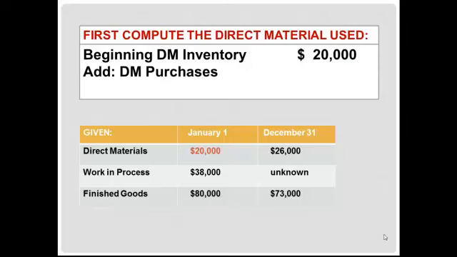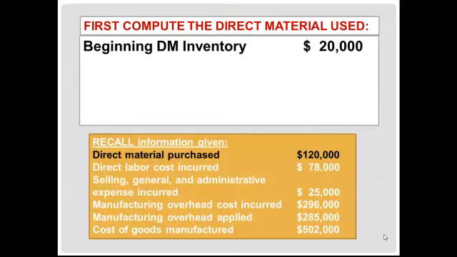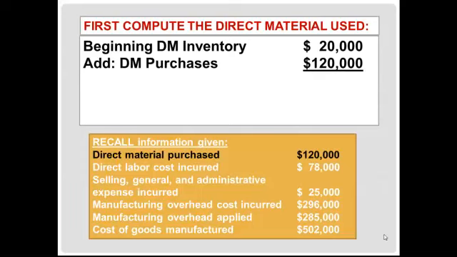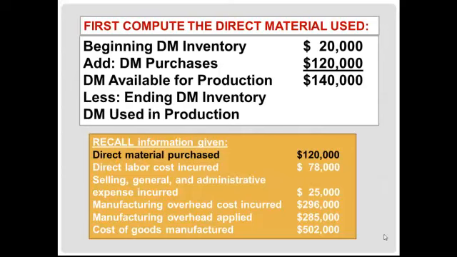From there, we're going to add direct material purchases of $120,000. This tells us that direct material available for production was $140,000.